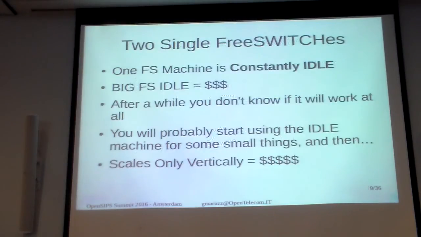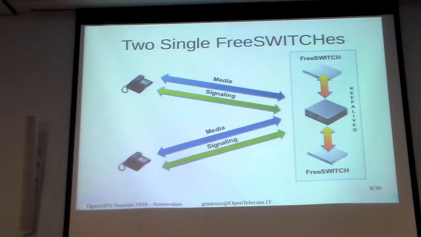And the problem is that this kind of setup can only scale vertically. So if, let's say, you pass from 100 concurrent calls to 300 concurrent calls, your only option in this setup is to completely substitute those two FreeSWITCH machines.